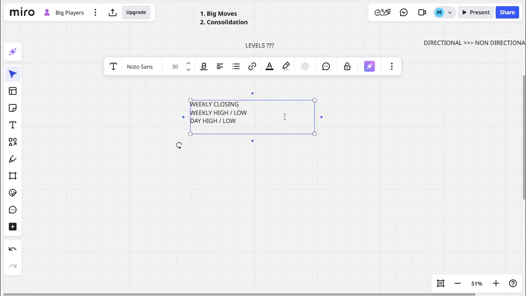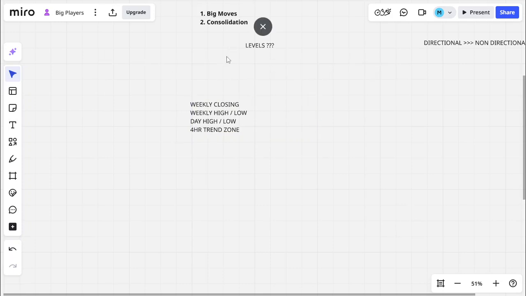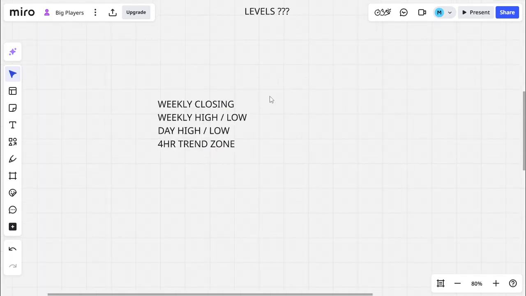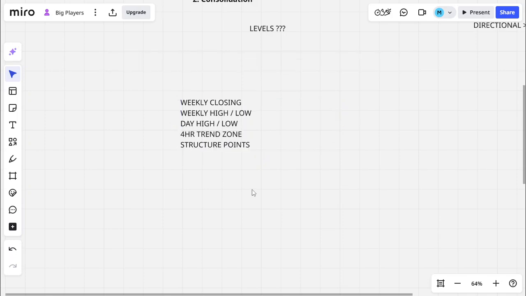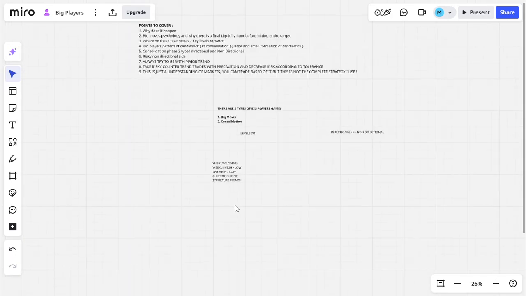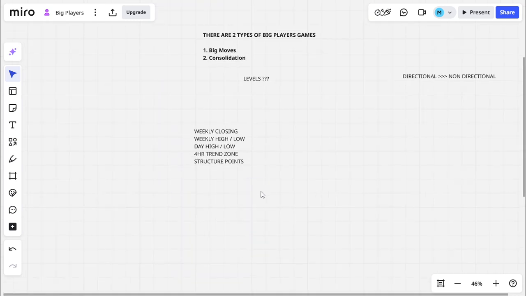Then you've got the 4-hour trend zone. Okay guys, these are some of the very important levels. Yeah, also I forgot, structure points. Now the final one, structure points, will vary according to each and every trader.